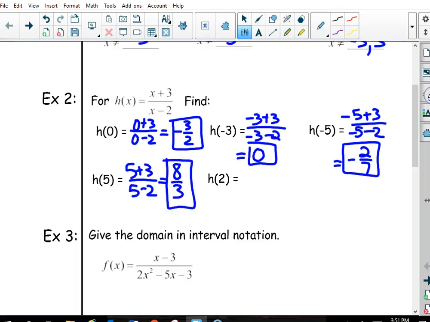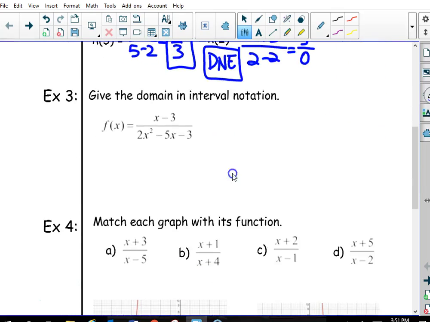And h of 2. Okay, so here we have the 0 show up in the denominator, and the numerator does not matter. H of 2 is going to be DNE, because we've got a 0 in the denominator.